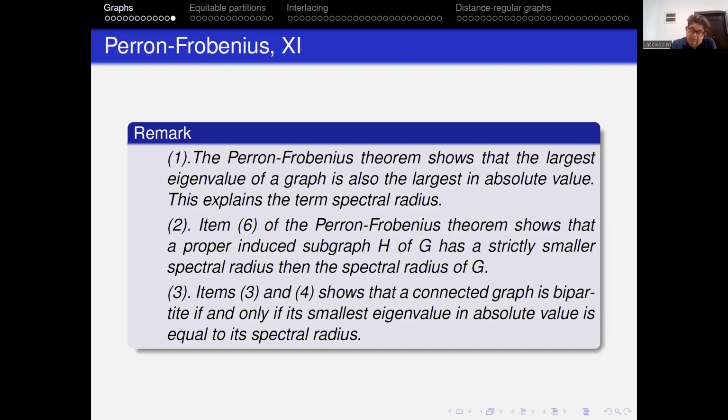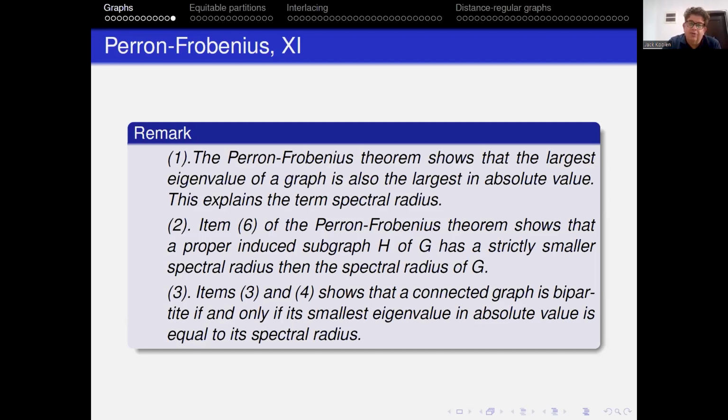And the third and the fourth items show that if a connected graph is bipartite, then its smallest eigenvalue in absolute value is equal to its spectral radius.